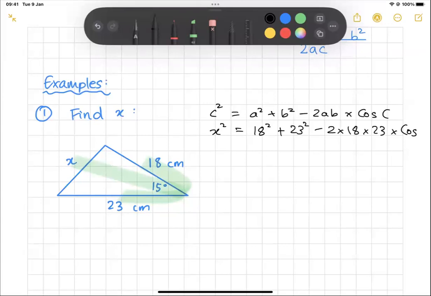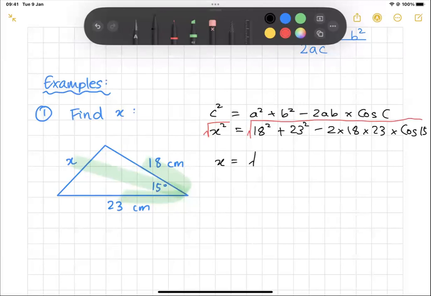The corresponding angle to that side is 15, so I'm going to write 15. What is the opposite of a square? It's a square root. So I'm going to square root both sides also, just going to do it together.